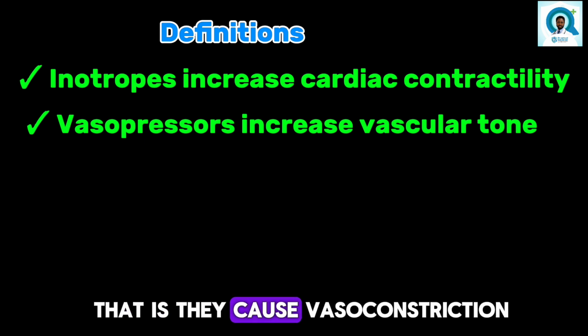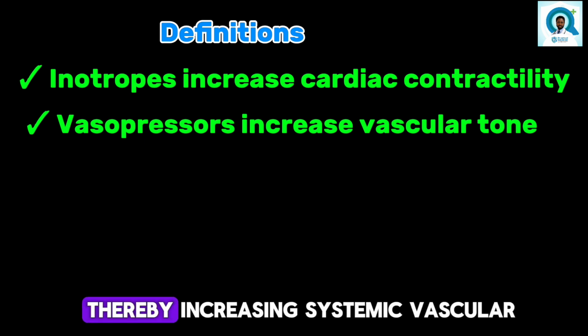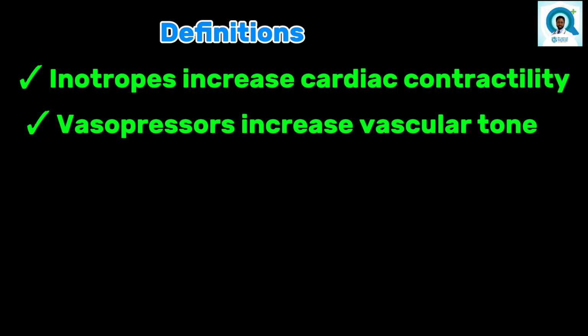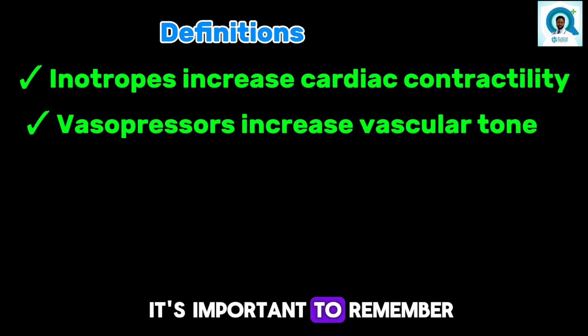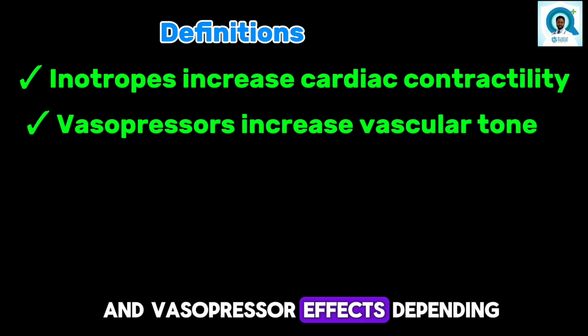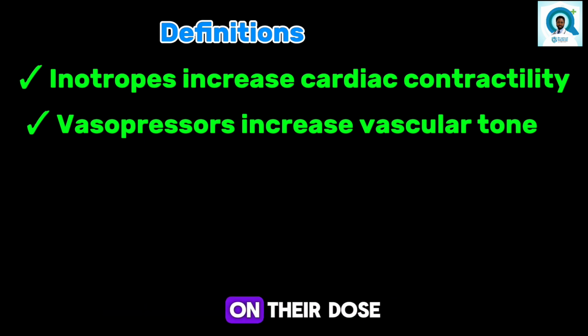That is, they cause vasoconstriction, thereby increasing systemic vascular resistance and blood pressure. It's important to remember that many of these agents have both inotropic and vasopressor effects depending on their dose.